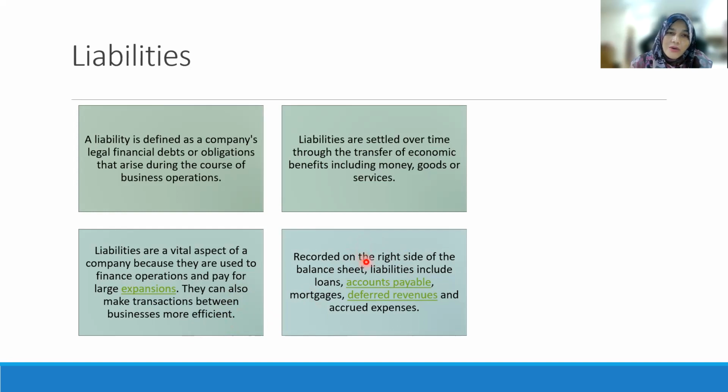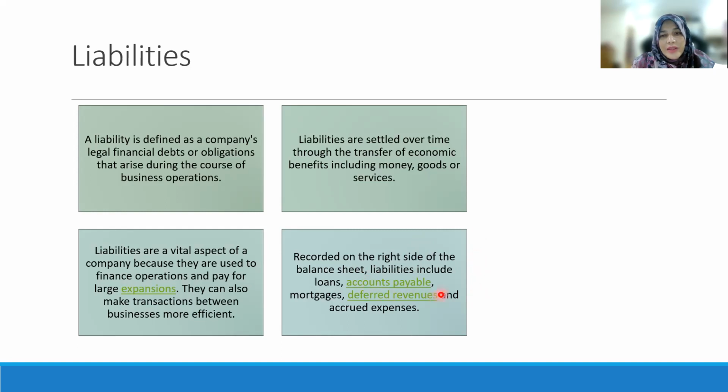To buy a house, we need to get financing from a bank, so that is a liability. To buy a building, we have to get financing from a bank as well. Even to buy inventory, we have to buy on credit, where there is a term, an amount which is payable to the creditors. So that is why it is known as accounts payable.